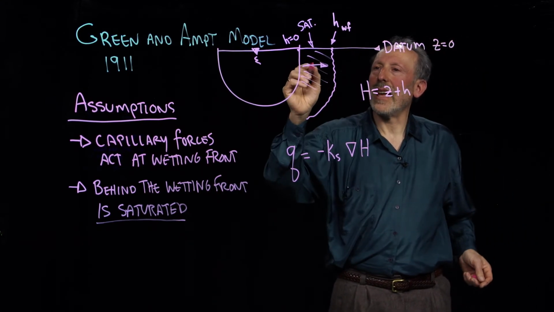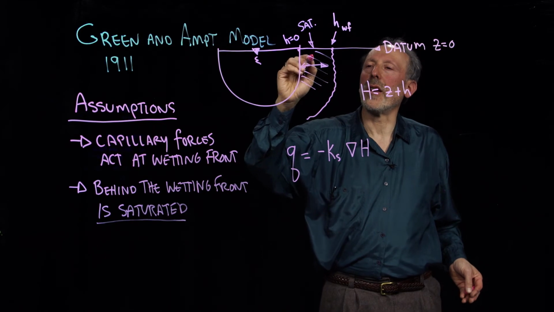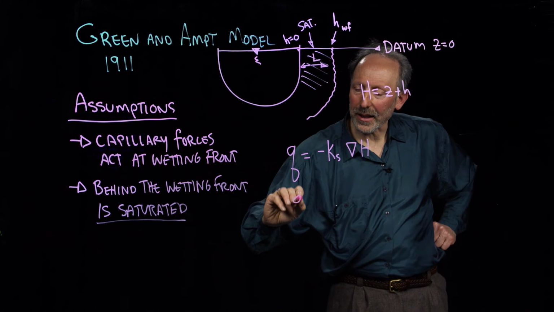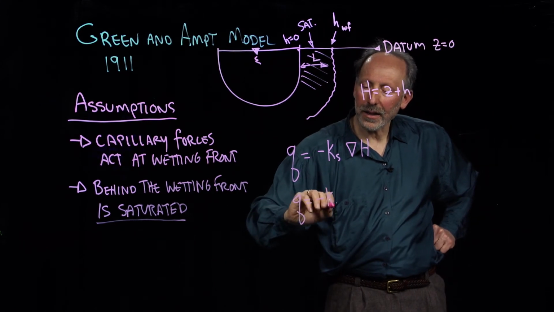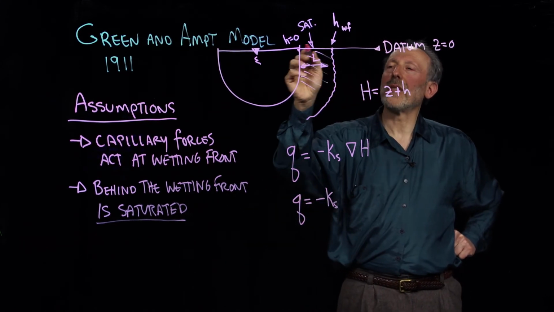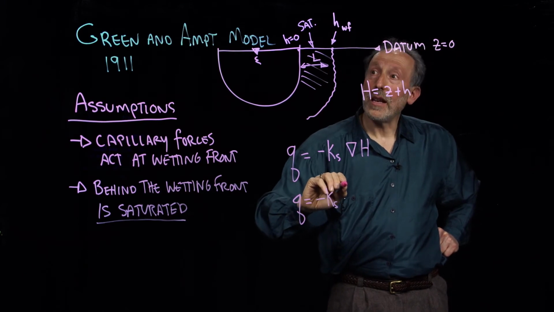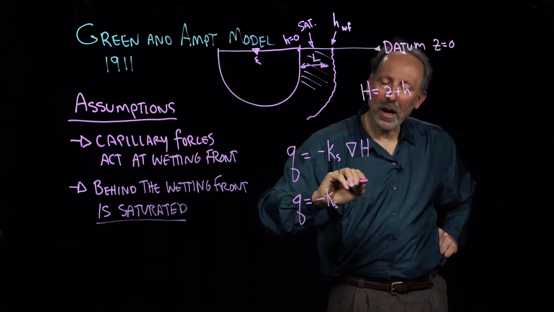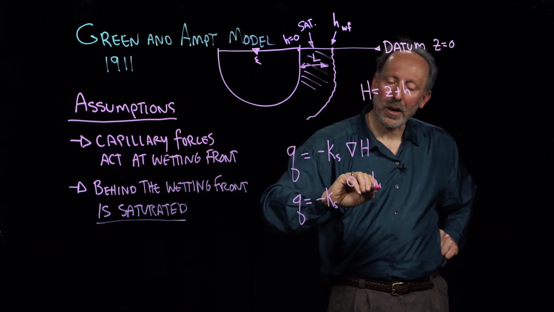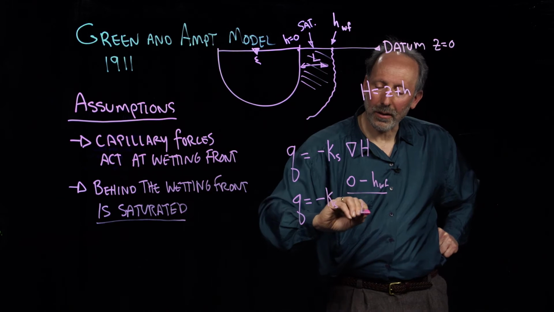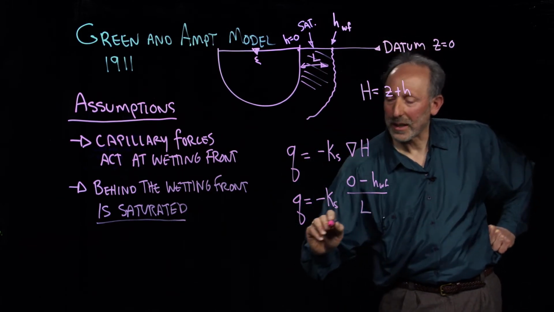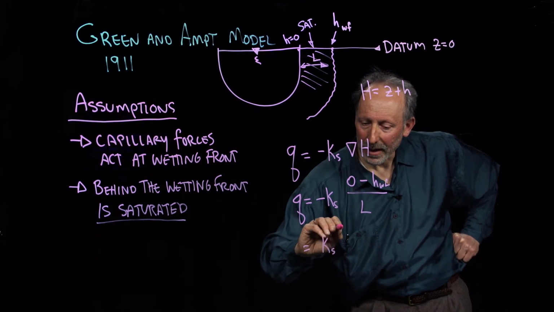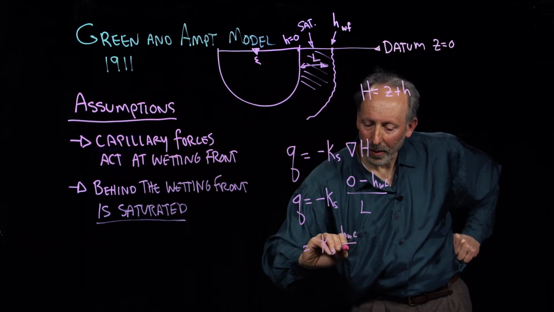So what this says then, if this has moved a distance, let's say so far it's gone a distance L, okay? It says that our flux is going to equal minus Ks. Notice this is a negative number, so it's going to be H here is 0, 0 minus H wetting front over L. And so this comes down to equals Ks H wetting front over L.